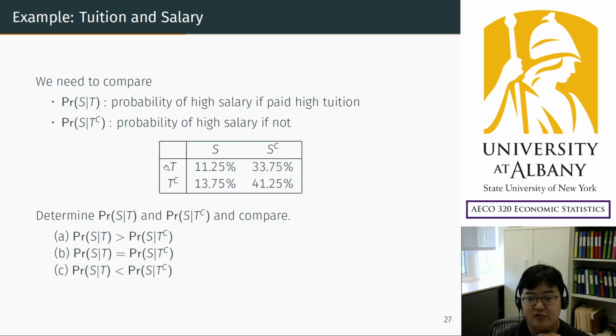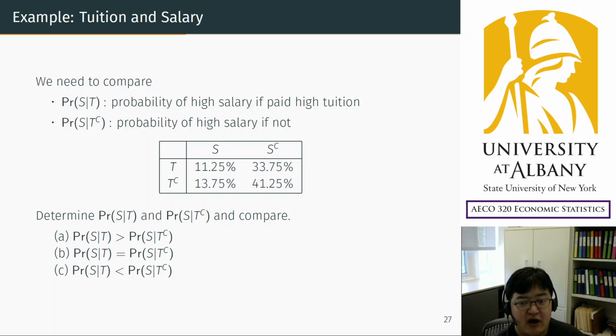Based on this table, we would like to calculate these conditional probabilities. Do it by yourself. I'm not going to give you any more hints. So calculate those two probabilities and determine the result of the comparison. It may take time, so stop the video.